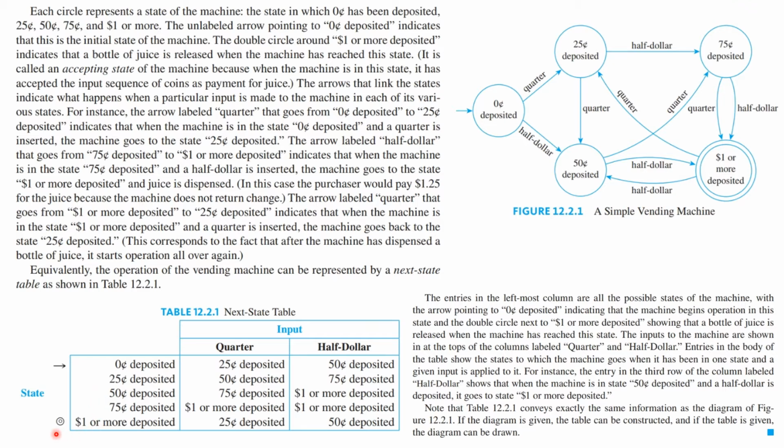And this is a state that is a final state because something important happens there. So this is called an accepting state, and that's the reason we put a double circle around it. So key symbols are the arrows, the annotations, the starting state, and this double circle indicates an accepting state.